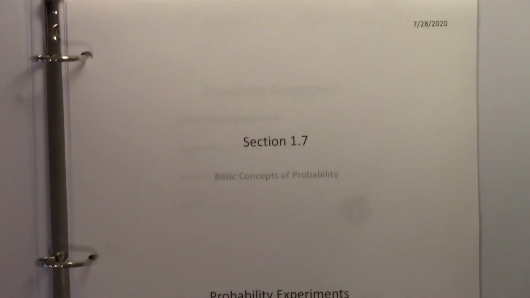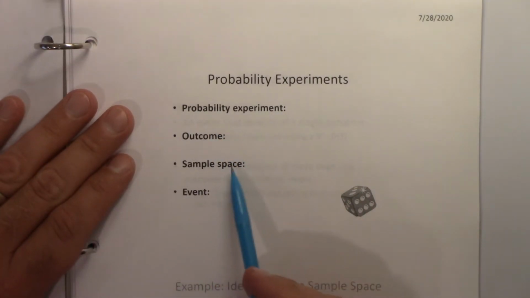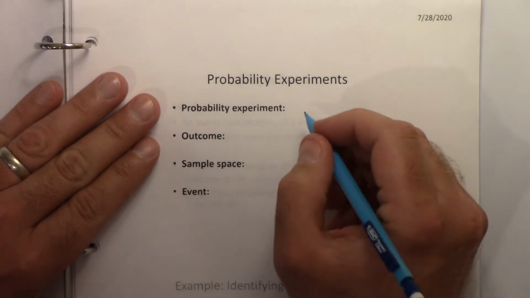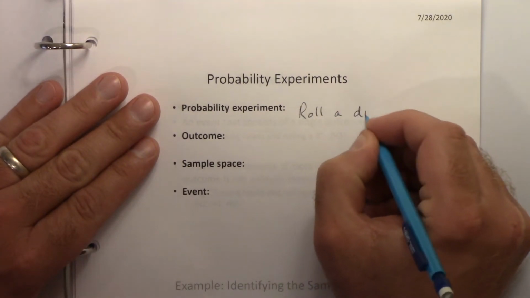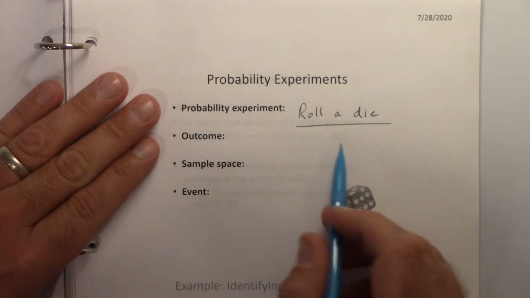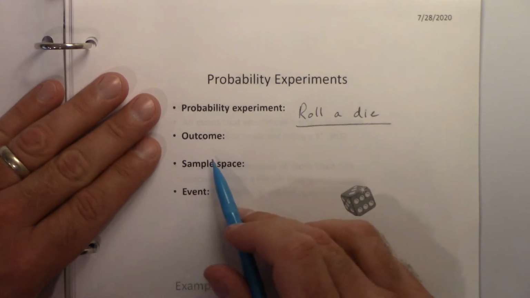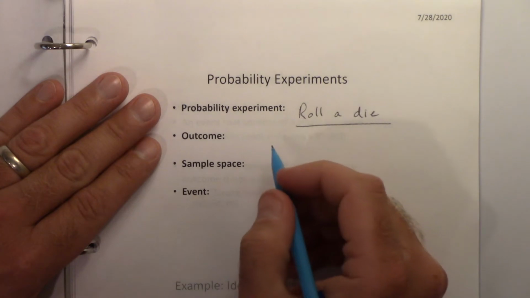So if you go to the top of page 2, I'm going to outline each of those definitions with a nice, simple scenario. First of all, the probability experiment here is going to roll a single die. So not even a pair of dice, just a single die that we're going to roll here. Now an outcome is any particular result of that experiment.